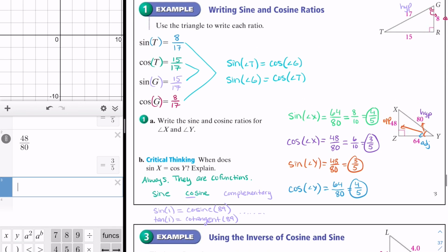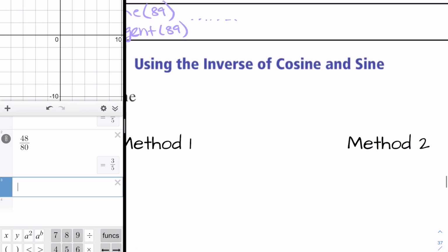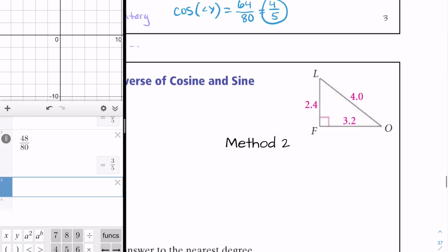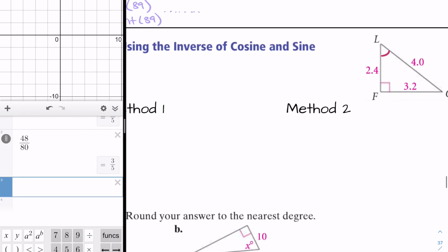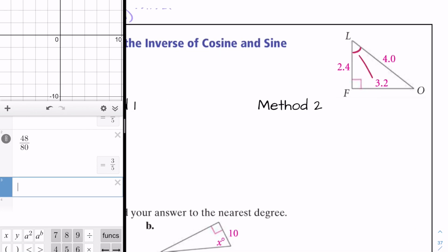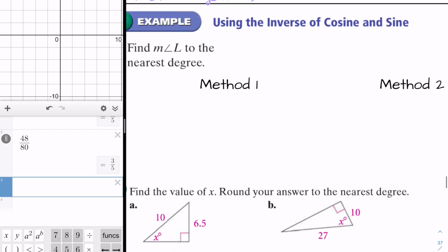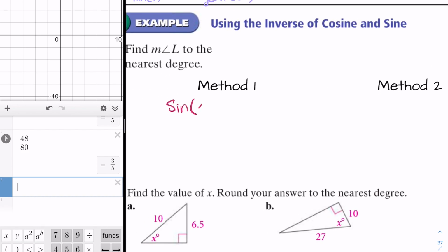There are two methods here for angle L. Here's one method. If I want to know the degree measure of angle L, what I could do is the sine, which is opposite over hypotenuse.